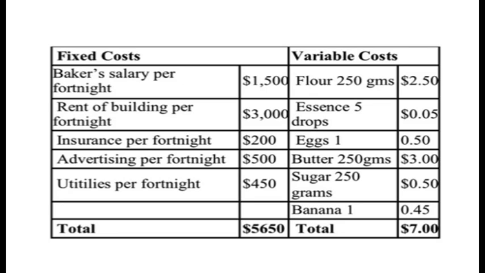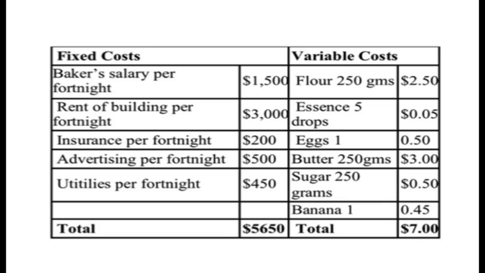Take a look at the fixed costs. You have the baker's salary, rent for the building, insurance, advertising, utilities. Now look at the variable costs: flour, vanilla essence, eggs, butter, sugar, banana.